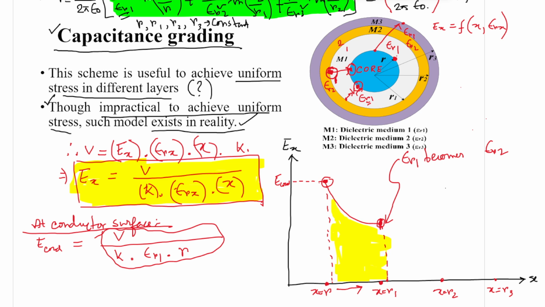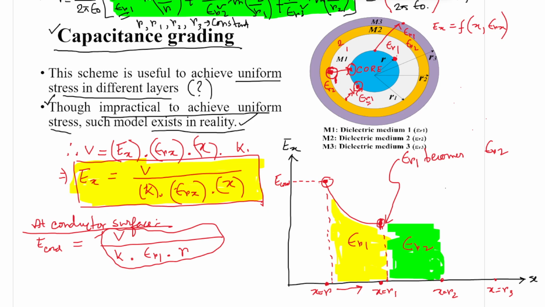This is the medium filled with epsilon R1, right? Now this portion is filled with epsilon R2. So from R1 to R2, this medium has been filled with epsilon R2.